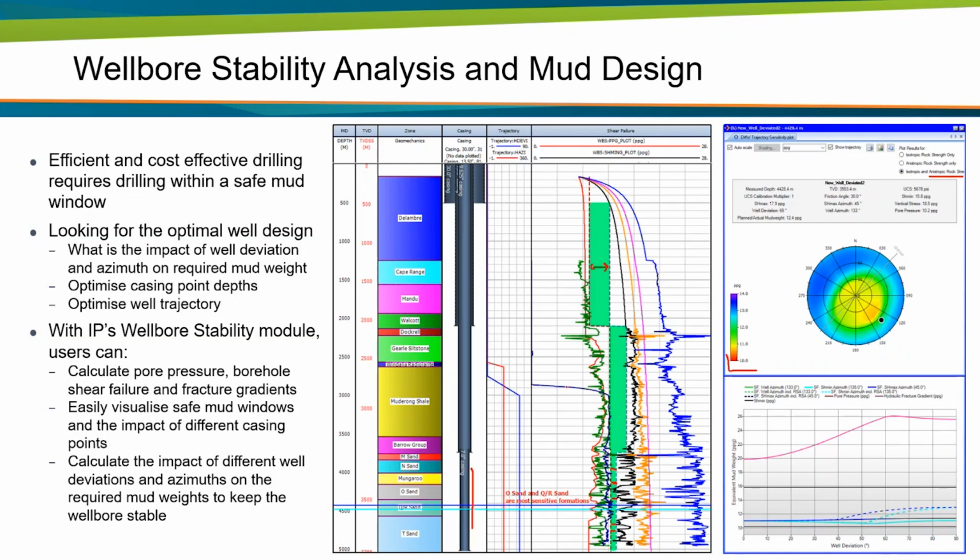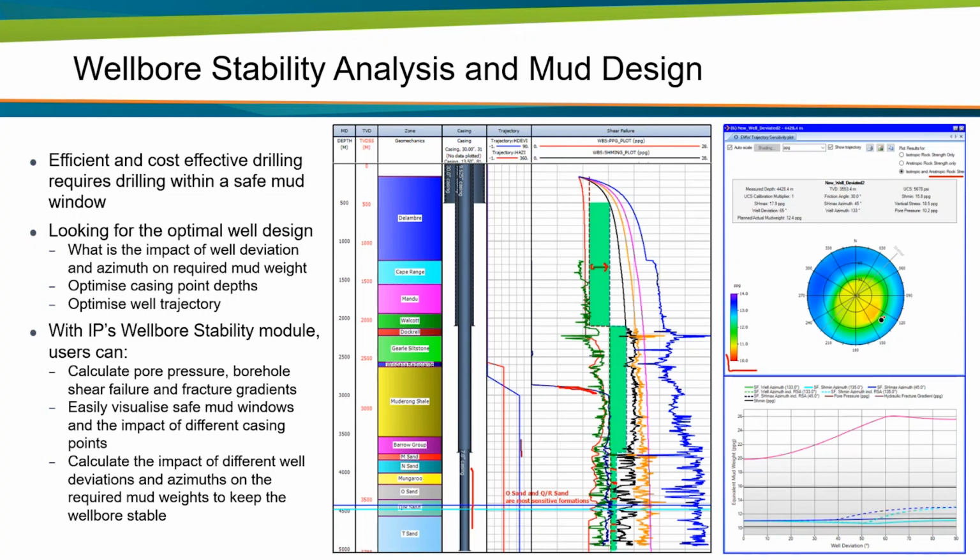Notice this dark blue curve here. That is the influence of weak bedding planes. So this is a highly deviated well with 70 degrees deviation through a sensitive shale or through some sensitive formations. And so that influences our mud weight, and it in fact narrows the safe mud window.